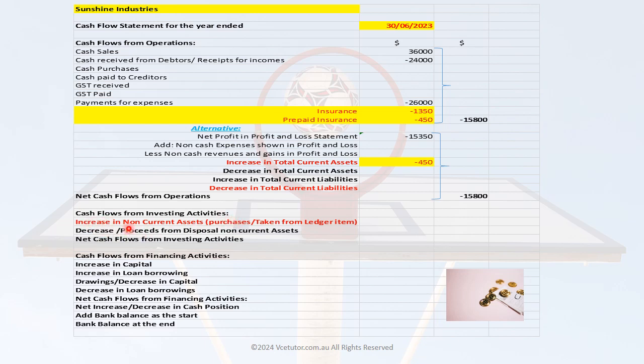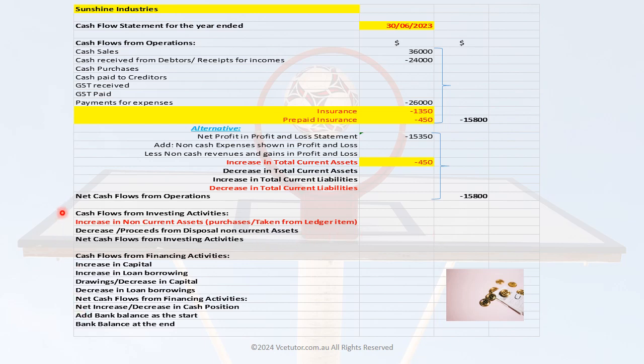The second last item of cash flow is cash flow from investing activities. Now here we take into account only non-current asset disposals and purchases. An increase in non-current asset purchase means we paid the money, cash outflow.